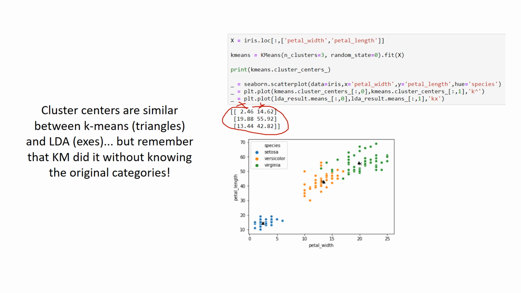How good of a job did we do? We actually did really well. And if you run the numbers, you will find that we actually did better with k-means clustering than we did with LDA.